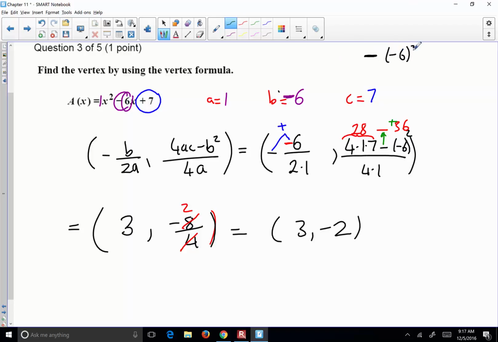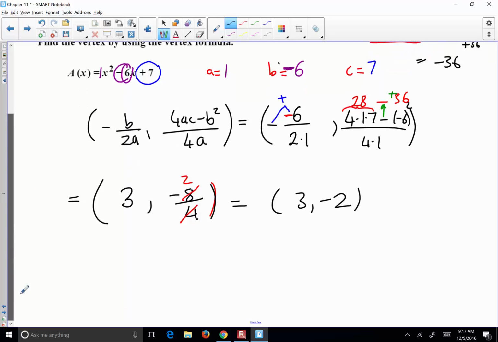There is a minus, and then negative 6 times negative 6 is squared, that's 36. That minus in front turns into minus 36, okay? Any questions?